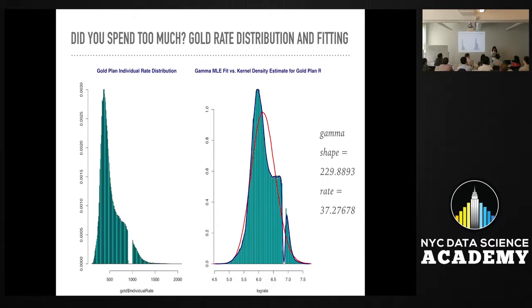So the right line there is actually using the parameters that were fitted and running 1 million iterations. So from that, if you give me a price, you're saying I'm paying $500 per month right now, I can pretty much tell you using this red line what your percentile is in the market.